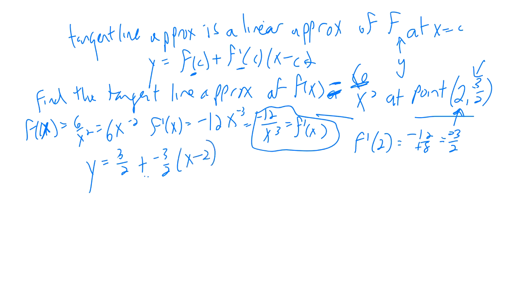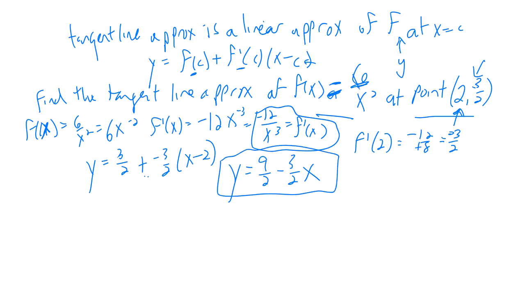And if I simplify that, it's going to be positive 6/2, and then you've got 3/2 here. So I can rewrite that in a simplified form: 9/2 minus 3/2 x. So that's our tangent line approximation.